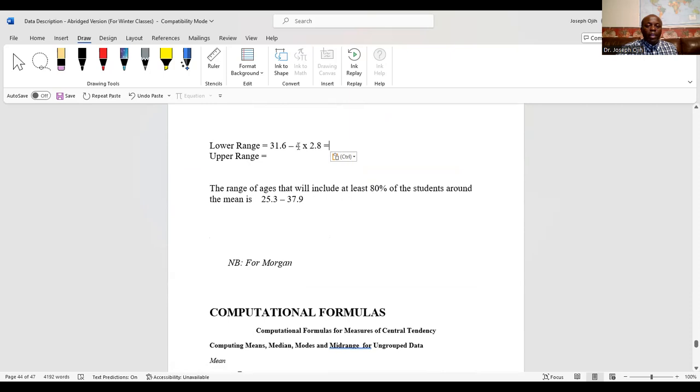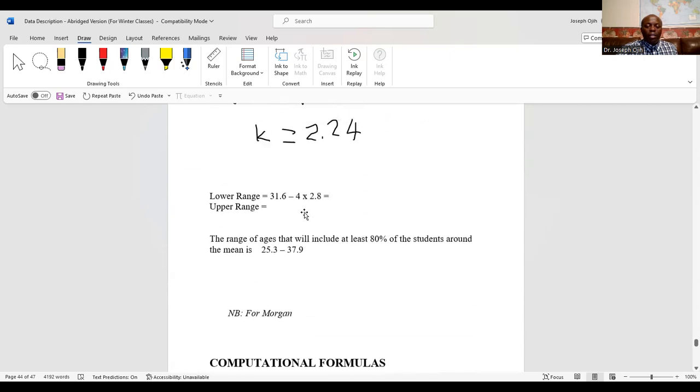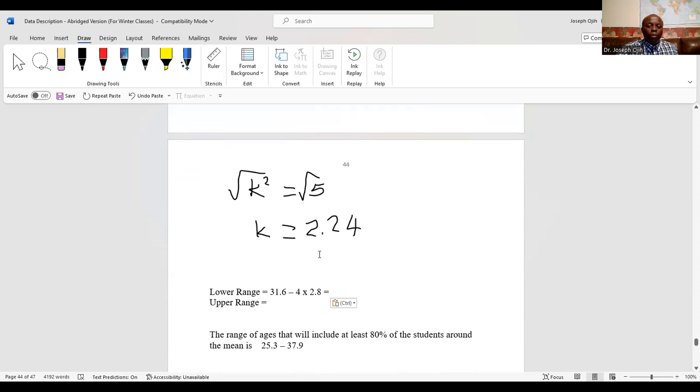This time around our k is 2.24, so I'm going to put 2.24 right here, times the standard deviation of 2.8. Let me write this down so we can multiply it. We got 31.6 minus 2.24 times 2.8.